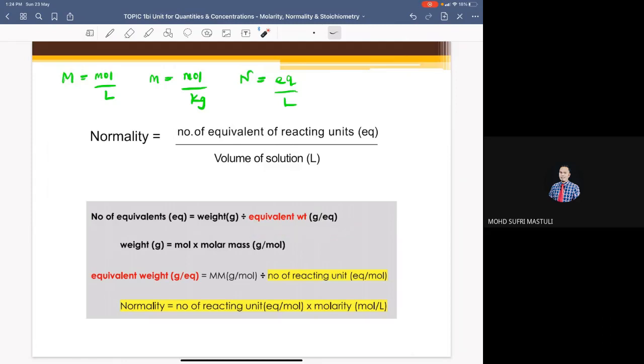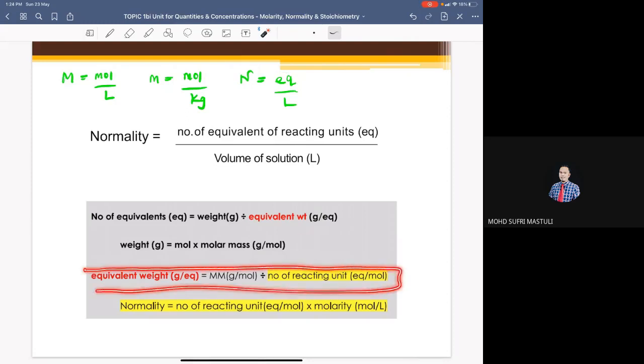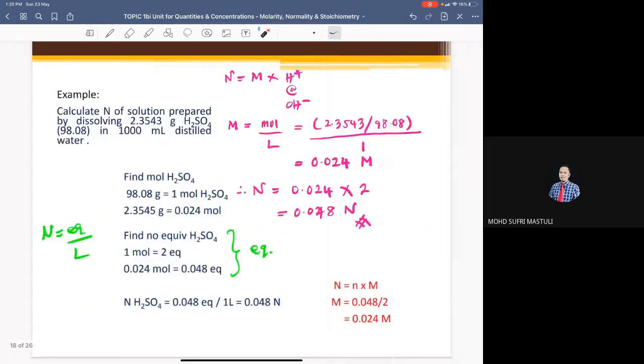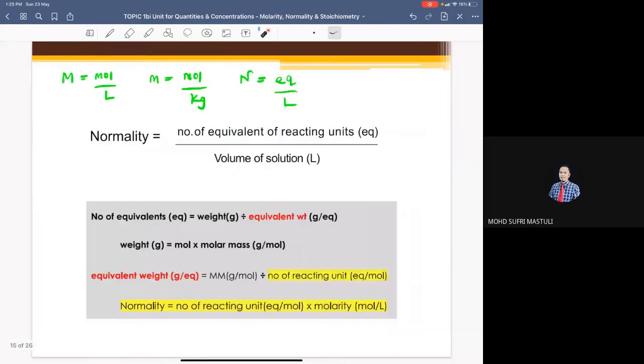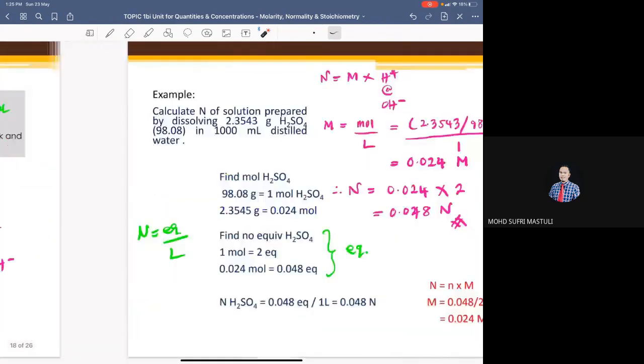The equivalent weight is the molar mass divided by the number of reacting unit.